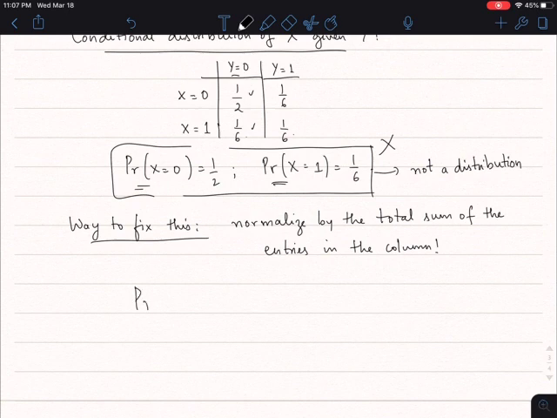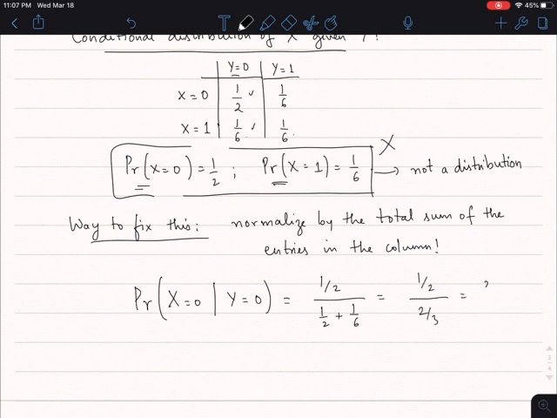In this case, the real probability of x equals 0 conditioned on y equals 0 would be half divided by half plus 1/6, which is exactly equal to half divided by 2/3, which turns out to be 3/4.